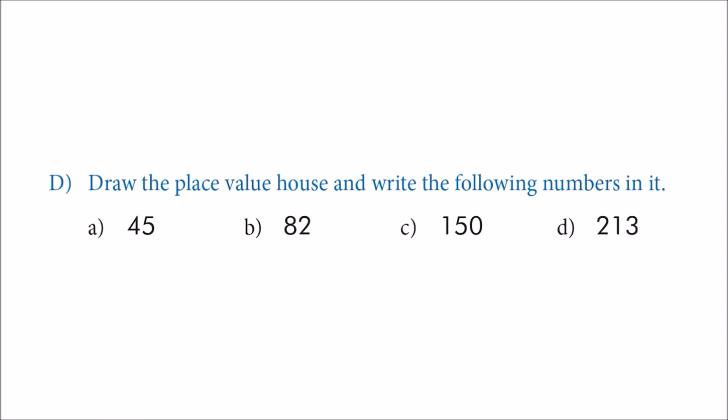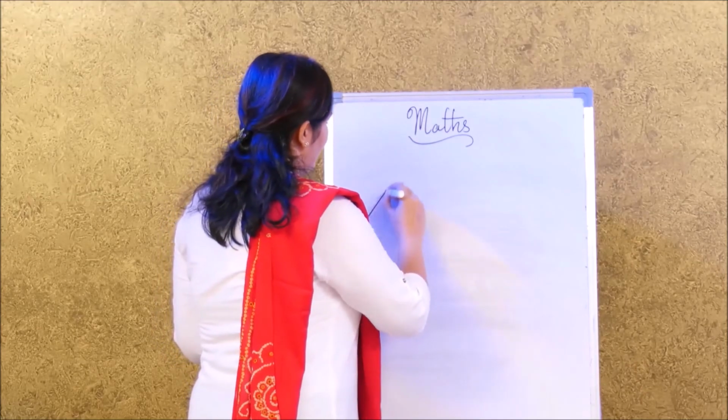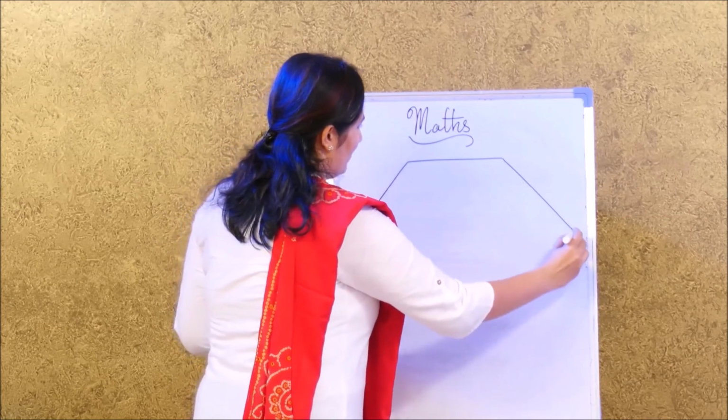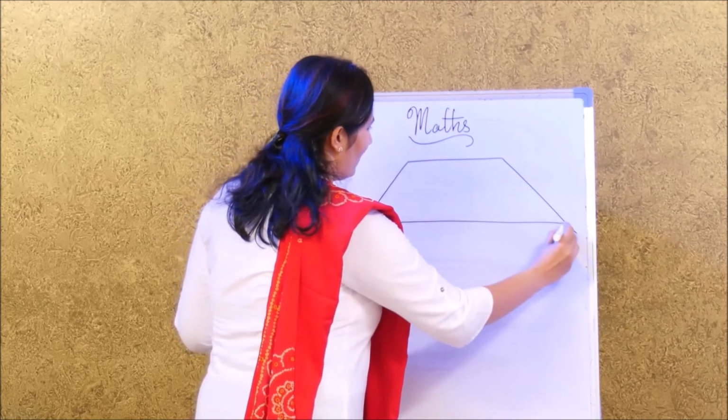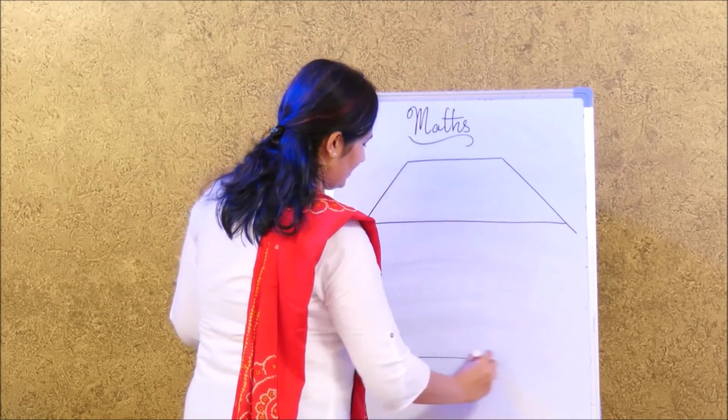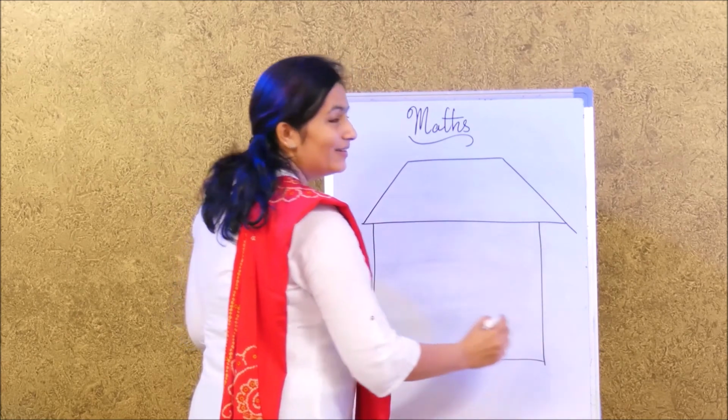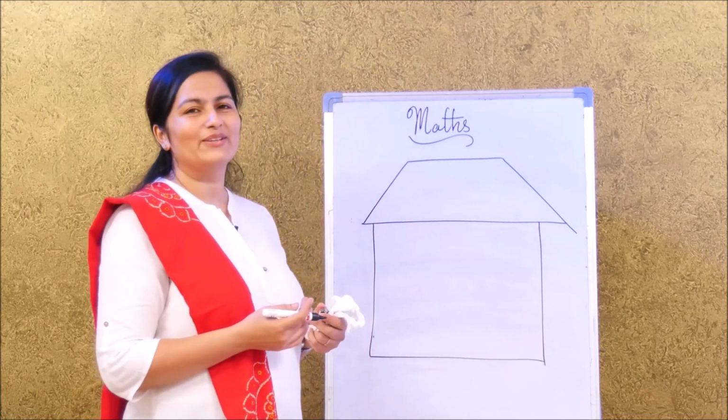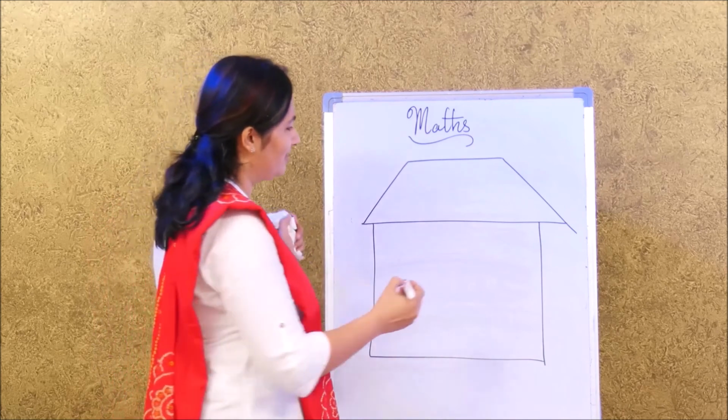Did you enjoy learning place value house in class 2? Let's try and draw a place value house. Let's draw, remember our house and draw, right? It's easy, right? To do place value houses, because all you need to do is remember a house.